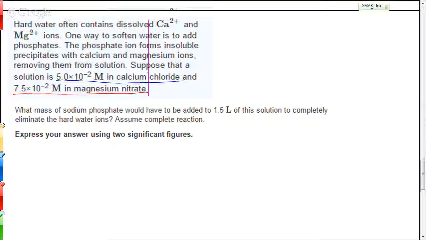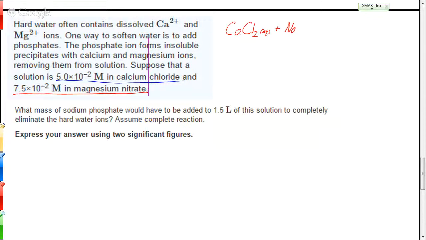So the two equations would be calcium chloride and sodium phosphate gives you calcium phosphate precipitate and sodium chloride. And so you have to balance that equation.